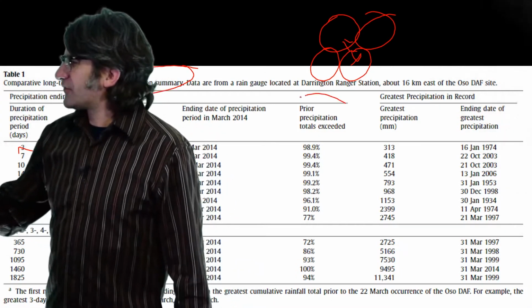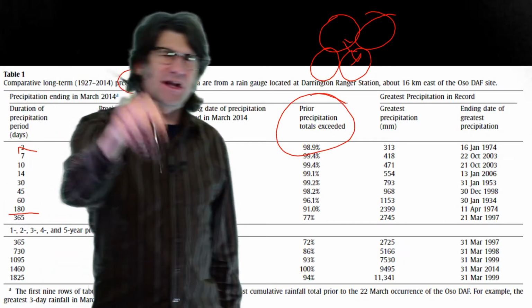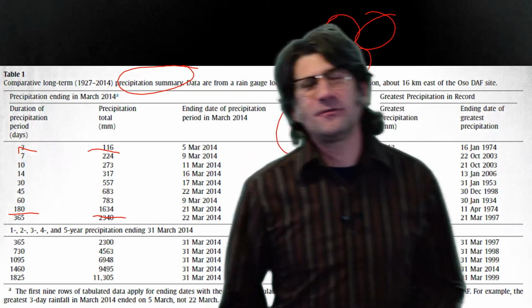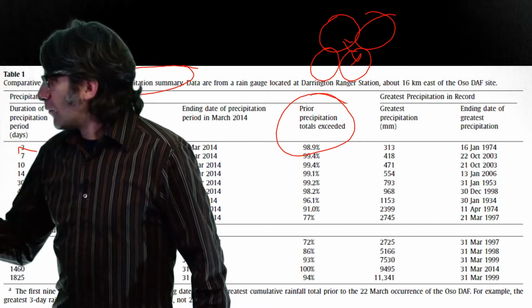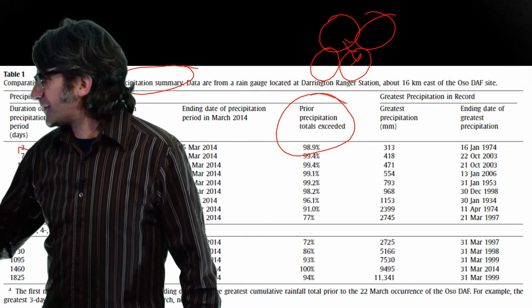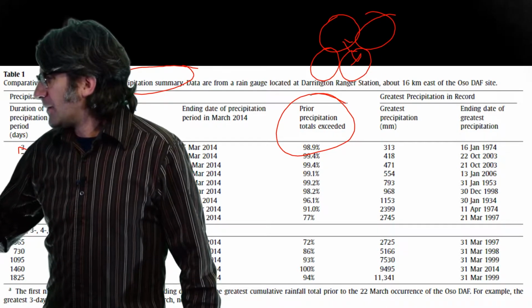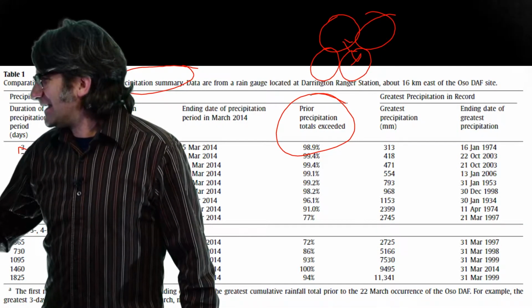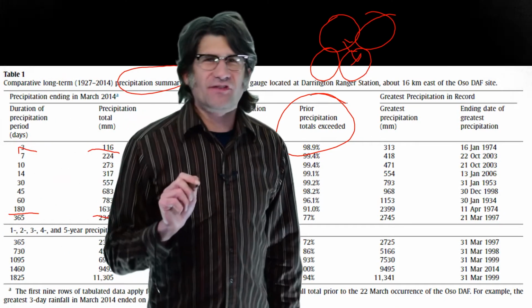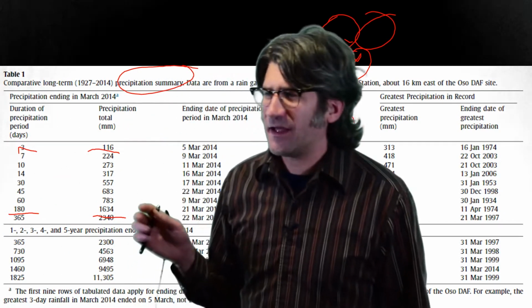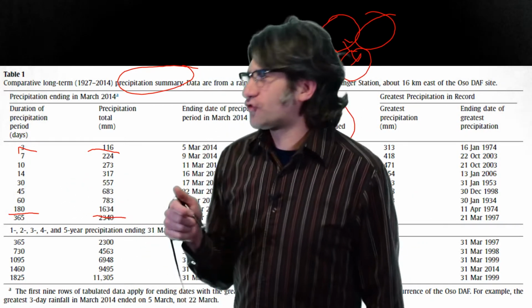Let's look at that in terms of exceedance probability, which you guys are well versed in now. You've been working on exceedance probabilities in your labs and homeworks. What this is saying is that for the 3 days before, this amount of precipitation is in the 98.9th percentile, the 99th percentile, meaning that 99% of the time it's drier than this.